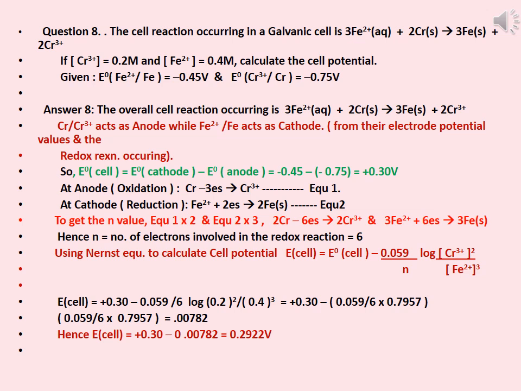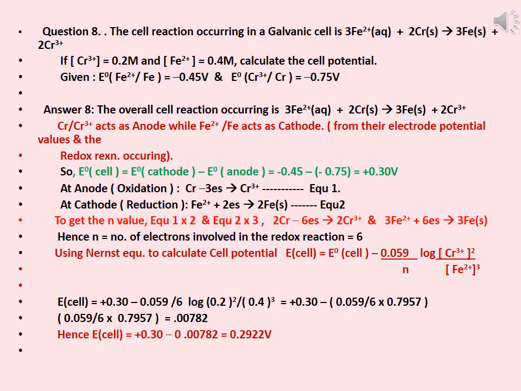Calculate the cell potential. Application of Nernst equation. E naught electrode value of Fe2+ bar Fe is given as minus 0.45 volt, and E naught electrode potential of Cr3+ bar Cr is also given as minus 0.75 volt.